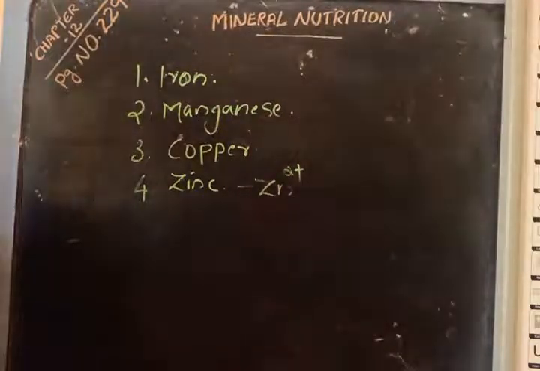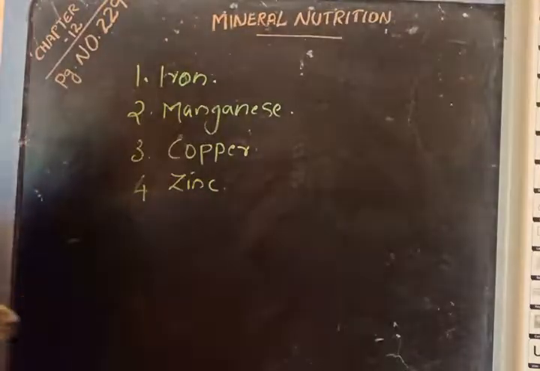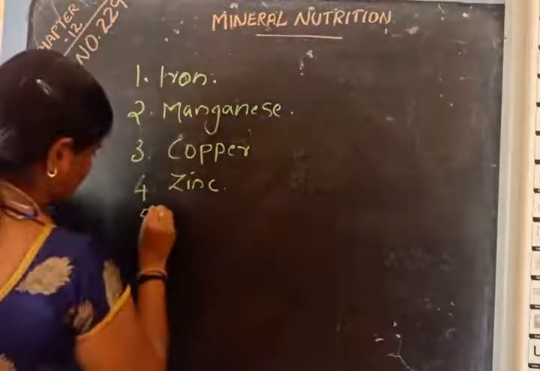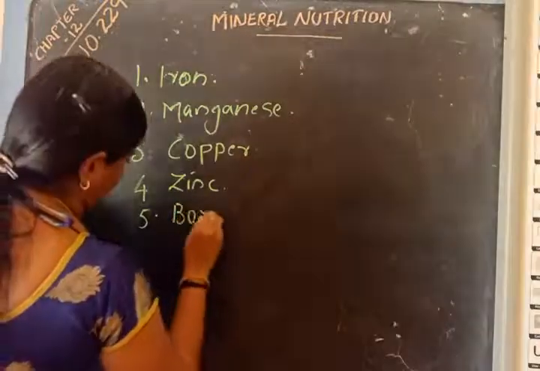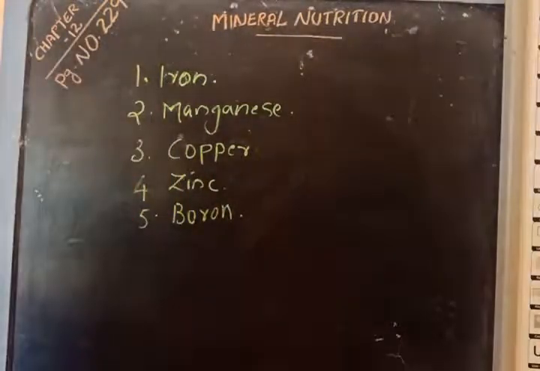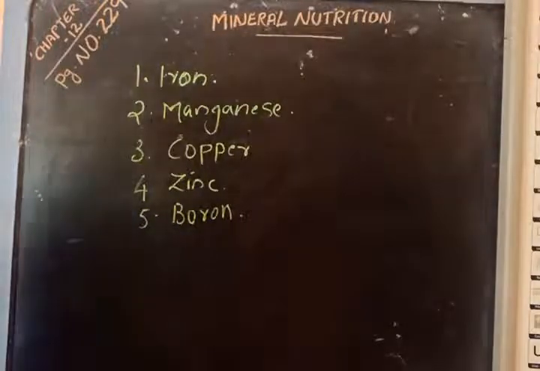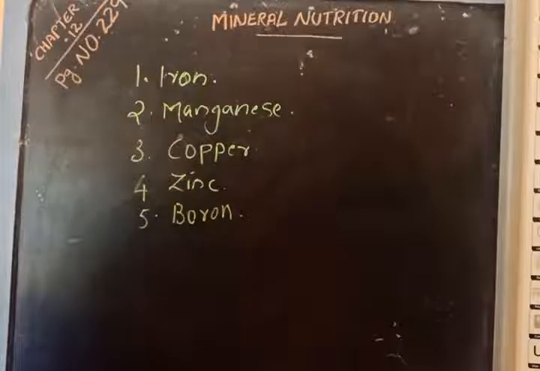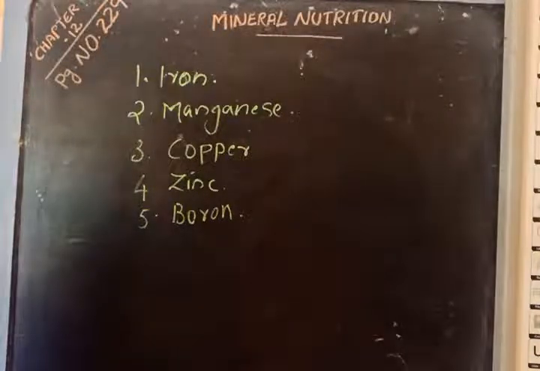Now, boron. Boron is involved in translocation of carbohydrates, uptake and utilization of calcium ions, pollen germination, nitrogen metabolism, fat metabolism, cell elongation and differentiation.